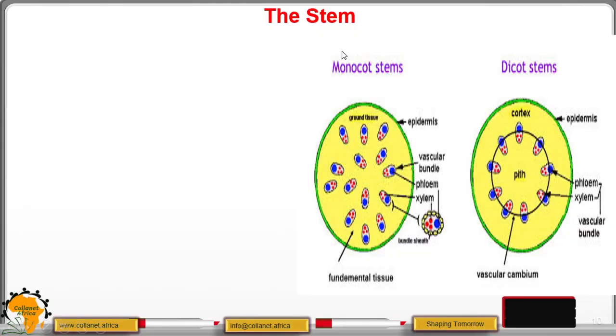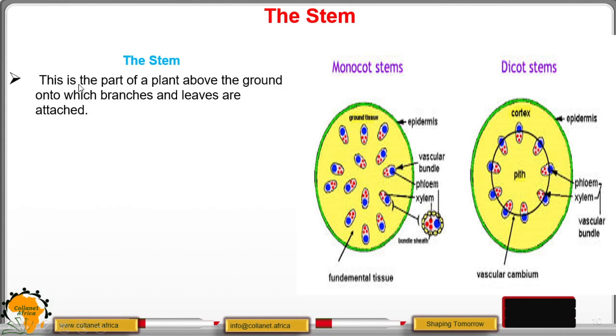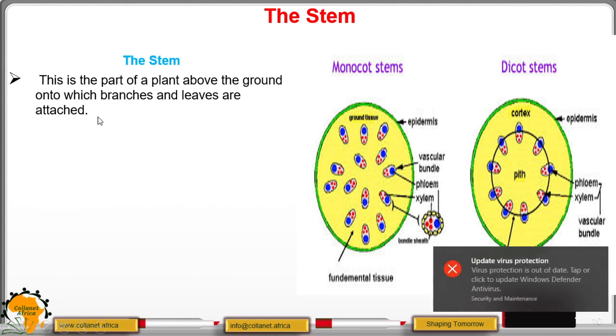We move to the stem, and this is the part of the plant above the ground onto which branches and leaves are attached.